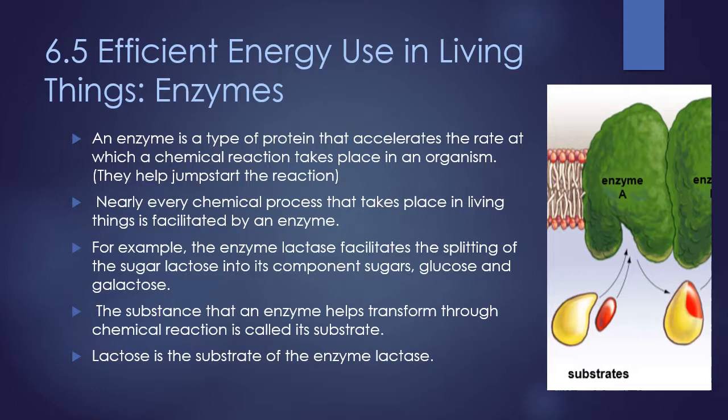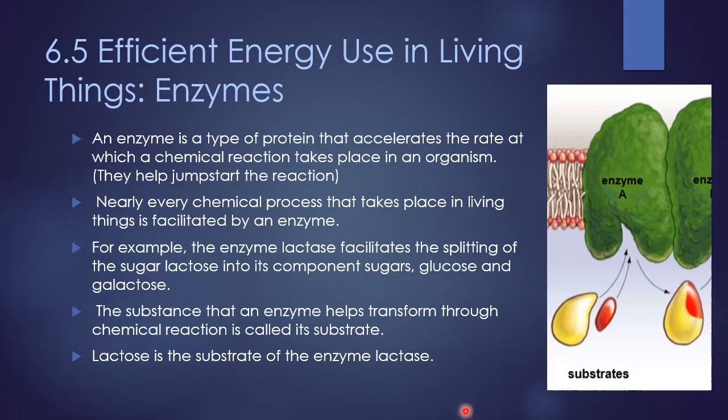Again, the substance that an enzyme helps transform through this chemical reaction is called the substrate. That's the stuff that goes in and comes out. If you're talking about breaking down lactose into two different sugars, lactose is the substrate and the enzyme is called lactase.